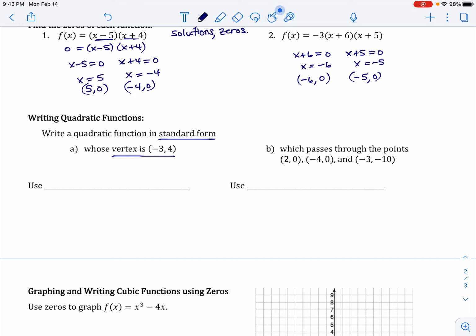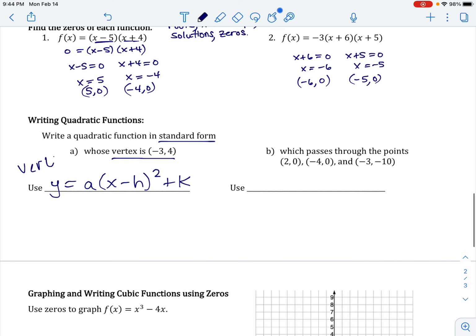So the best formula that we would be able to use to solve that would be y equals a x minus h squared plus k, your vertex form. So we're going to use the vertex form. We're going to plug in the vertex into the form, and we're going to convert it to the standard form.